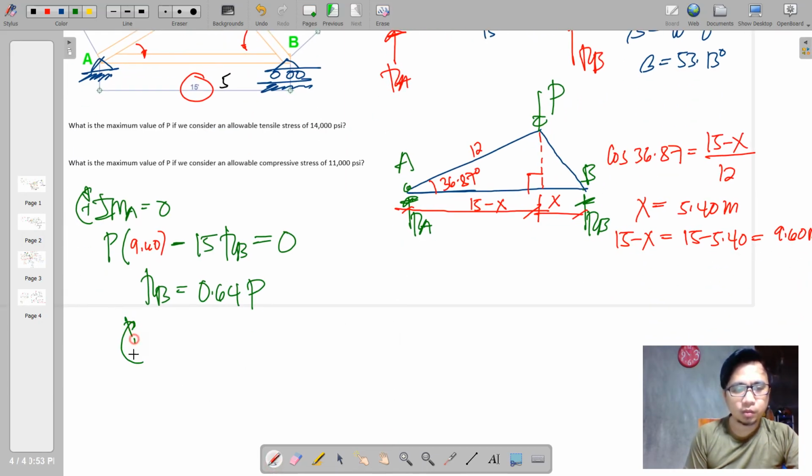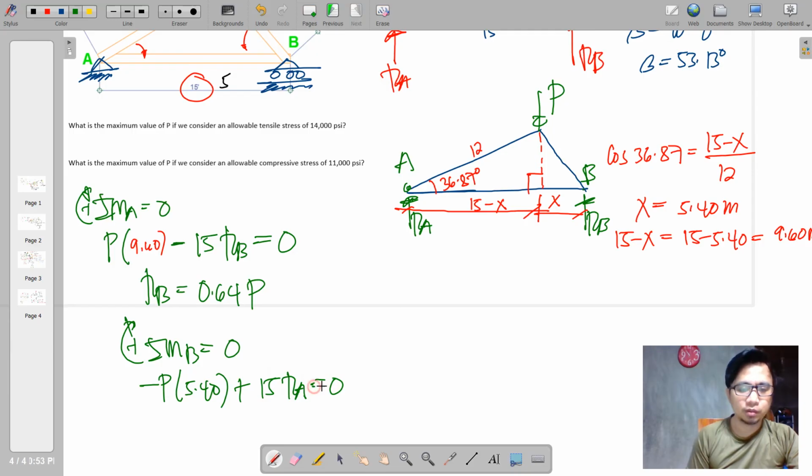you can now take moments at the other support. So negative P times x, x is 5.4, and then plus 15 RA is equal to 0.